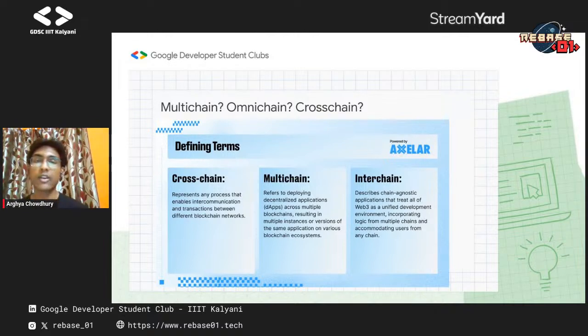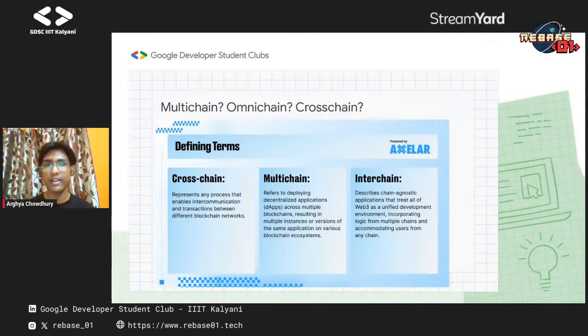Now, what is cross-chain? Interchain is also called cross-chain. In this session, we will be mainly talking about cross-chain. Cross-chain is mainly different blockchains that can talk to each other, that can interact with each other, but they are not exactly connected, right?